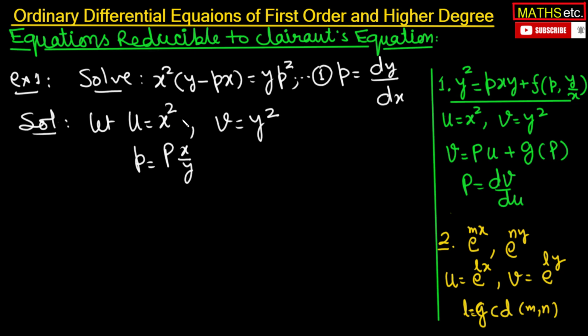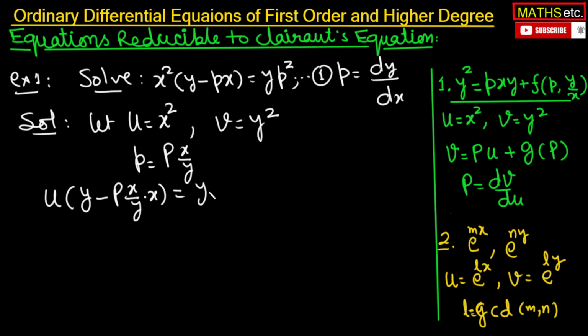Now we substitute all these values into equation number 1, right? Here we replace x square by u. y, as of now, we let it be y, and minus, in place of small p, we will write capital P x over y, multiplied by x.